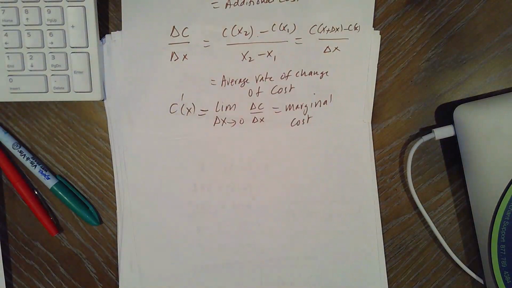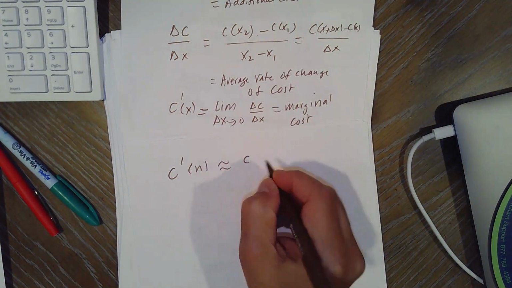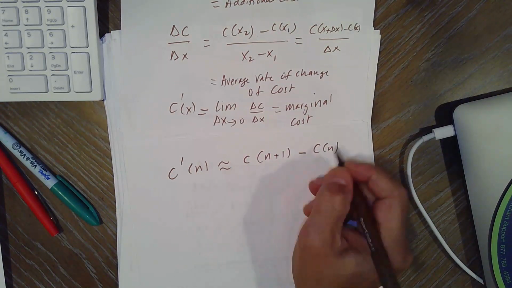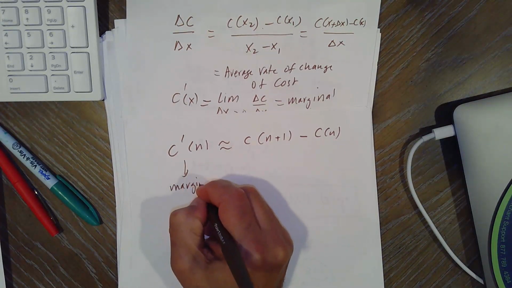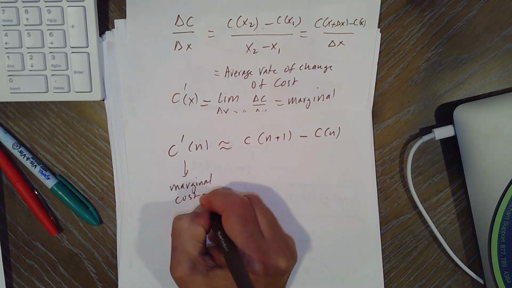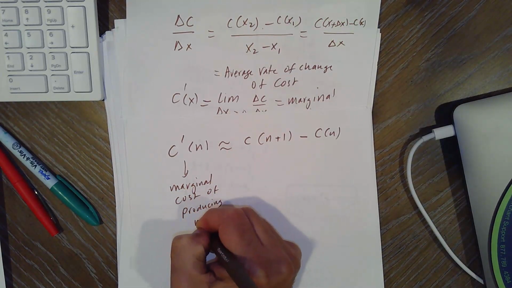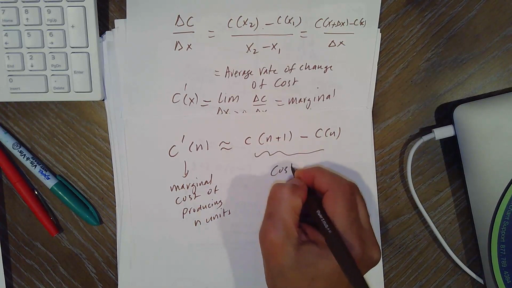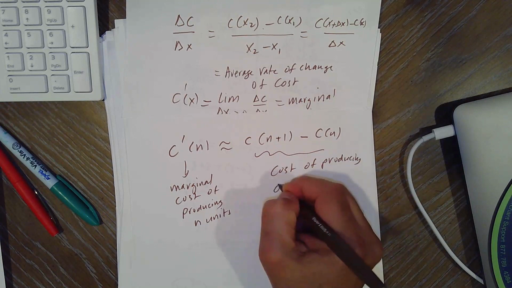And then C prime of n is roughly C of n plus 1 minus C of n. What this means is that the marginal cost of producing n units is roughly the cost of producing one more unit.